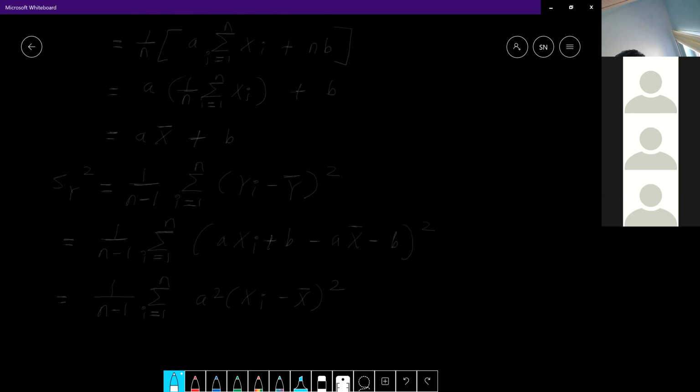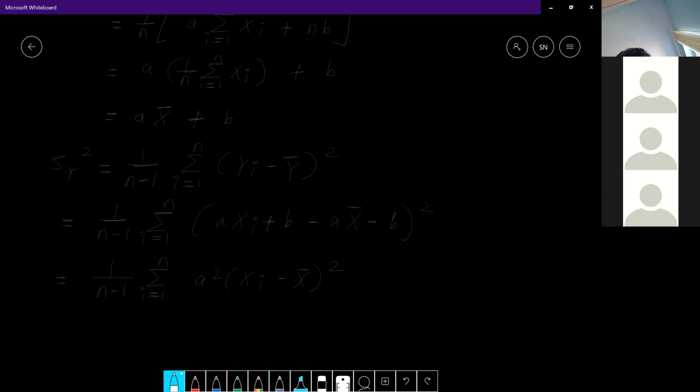You with me? All right, a squared you can pull outside, so this becomes a squared times 1 over n minus 1 times the sum of xi minus x bar squared, right?